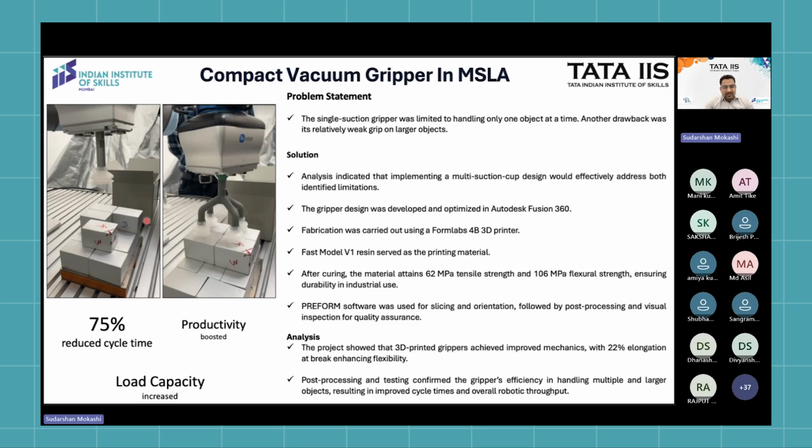So we redesigned this, and you see here we can lift four cubes at a time. It will reduce the cycle time by up to 75%, and the productivity also boosts. The load capacity also increases.